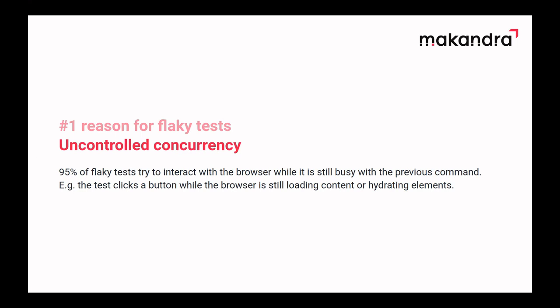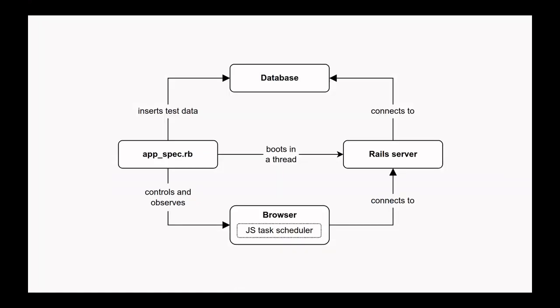And here I made this picture, so you can see what kind of threads and processes are active in a typical end-to-end test. On the left side is your actual spec. This is the one thing that you're coding. Capybara opens and controls an actual web browser like Chrome, which has its own scheduling built in its JavaScript engine.